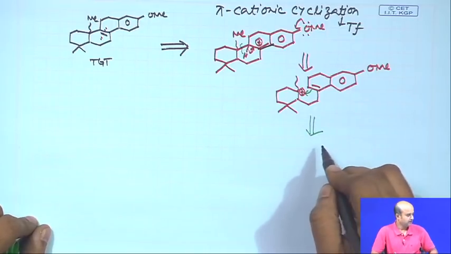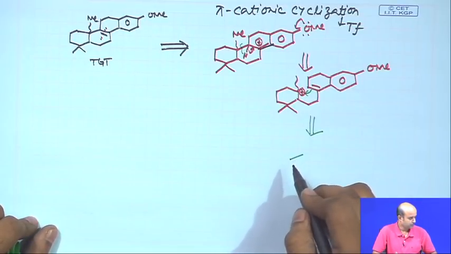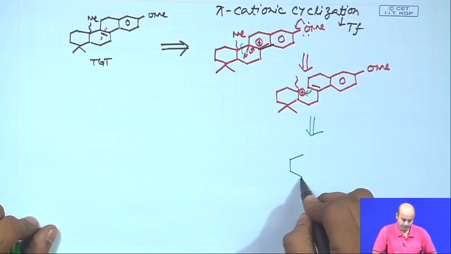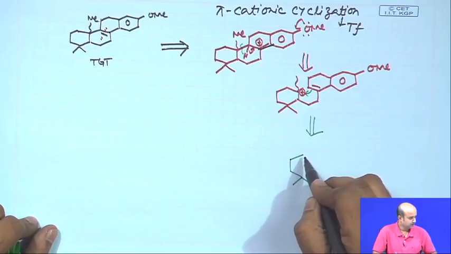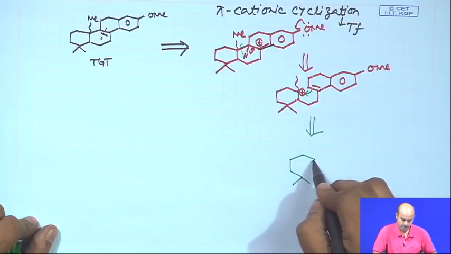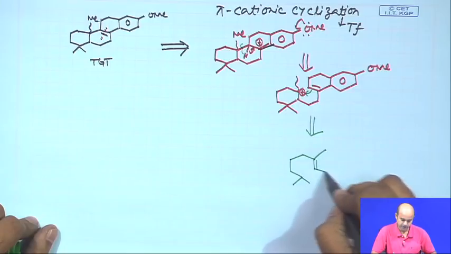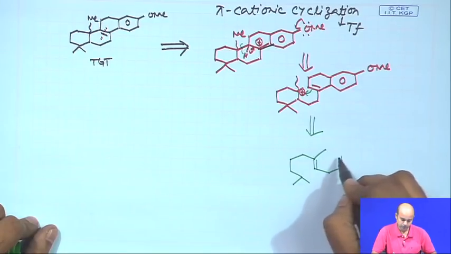Next, we will draw the next intermediate. See it very carefully, a stepwise demonstration of how a complex structure can be thought of.